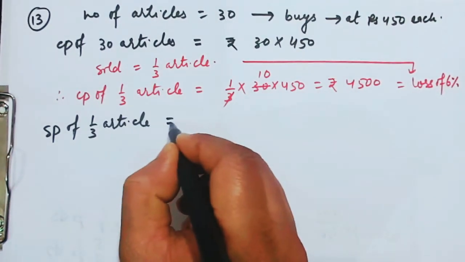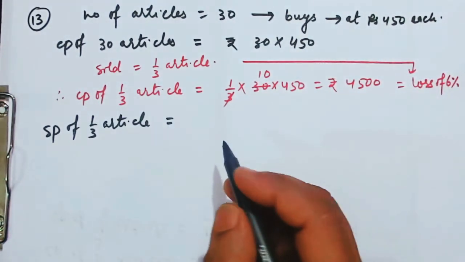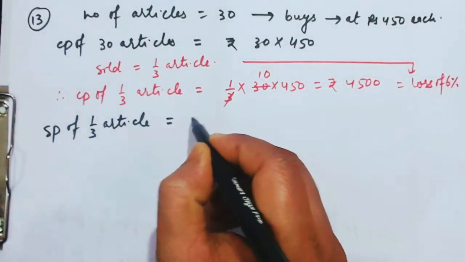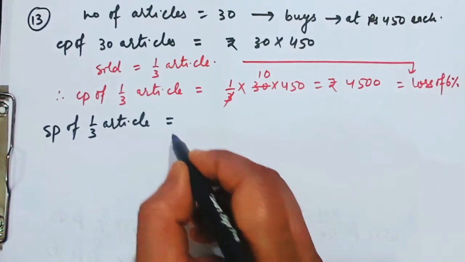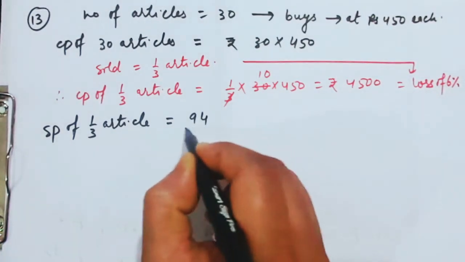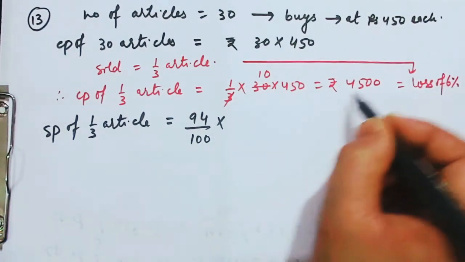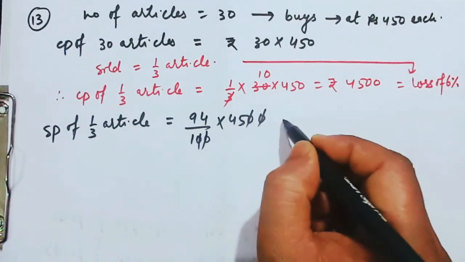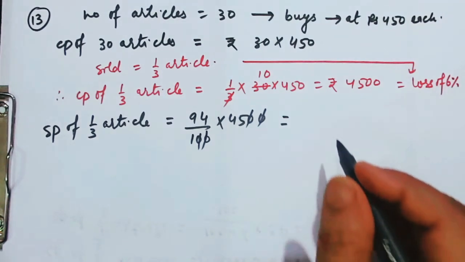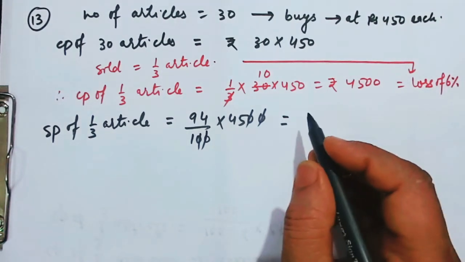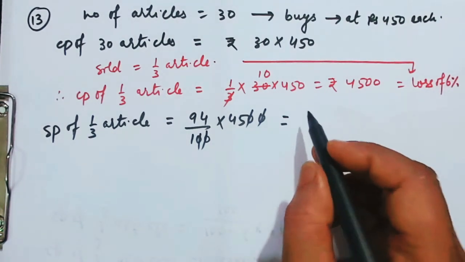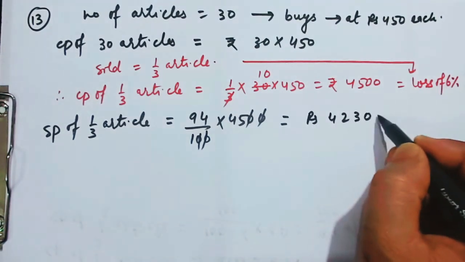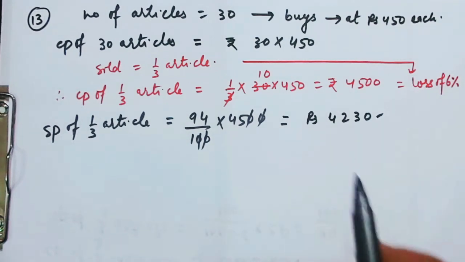Selling price of 1/3 article will be 100 minus loss percent, that is 94 by 100 into cost price, that is 4500. Okay, when you multiply, what are you going to get? You will get rupees 4230. This is the selling price of 1/3 article.